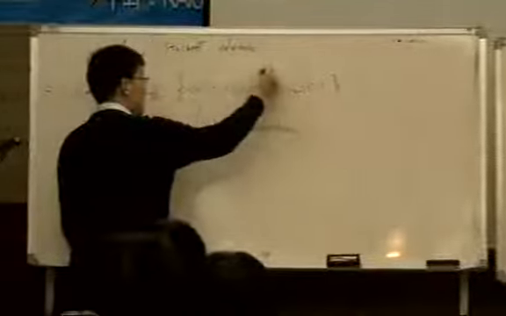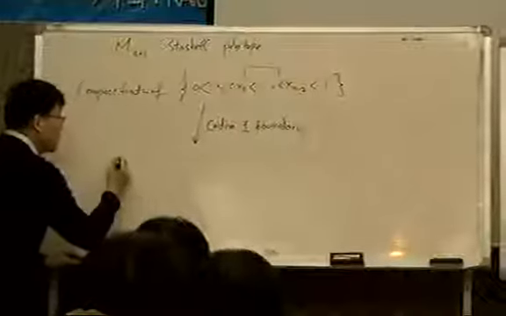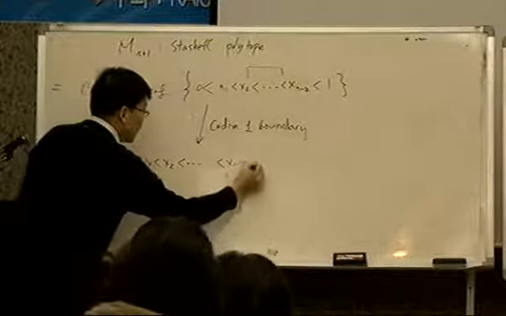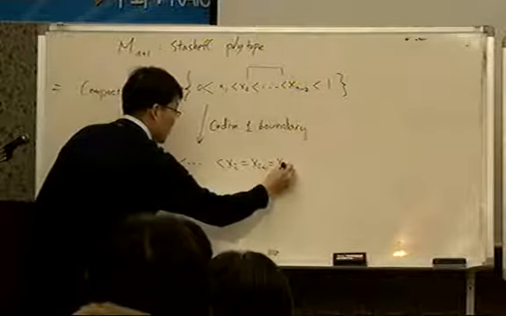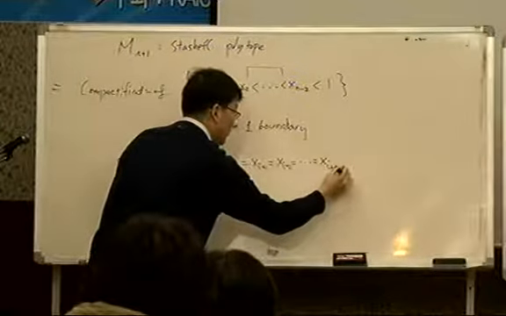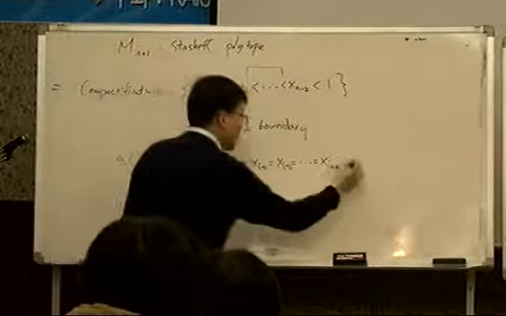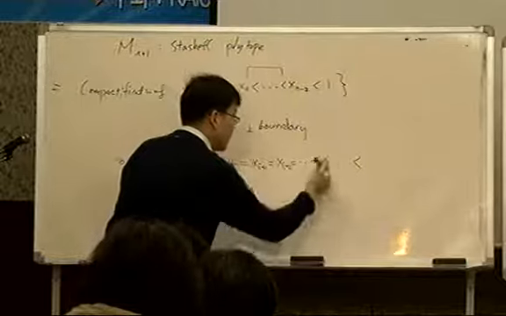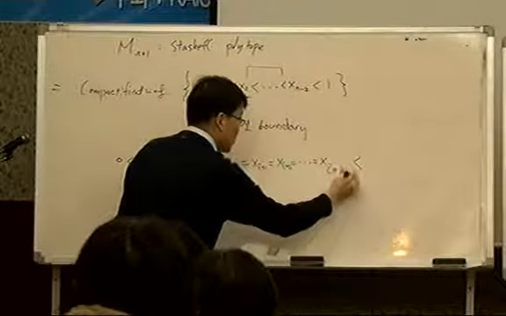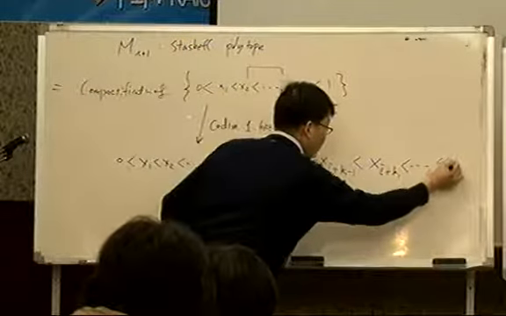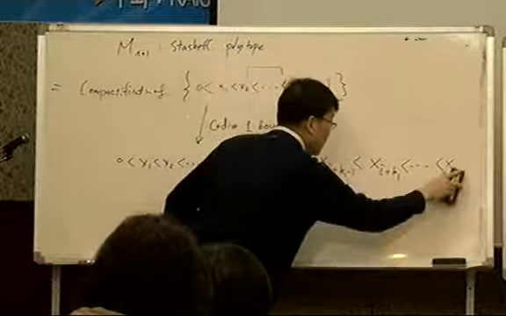So in fact, codimension 1 boundary is where some of them collide. So you can think of it as 0, x1, x2, xi collides with xi+1, collides with xi+2, up to xi+k1-1, and then xi+k1 up to x_{n-2}.